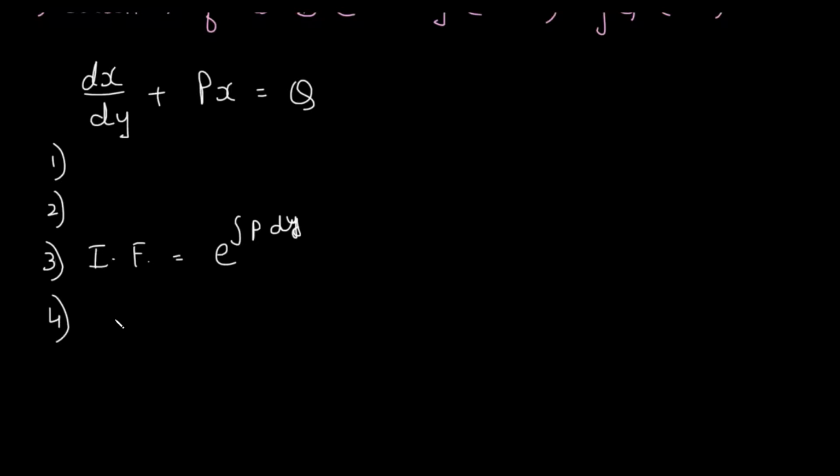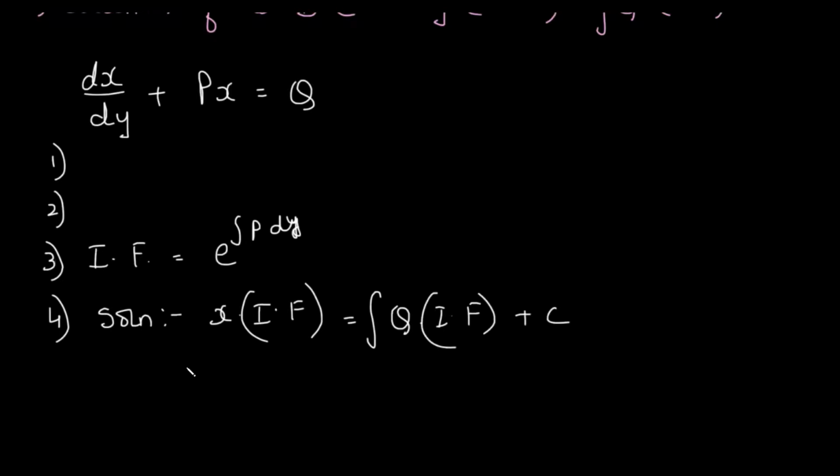And in the fourth step, the solution step is the same. In this case, it becomes x into IF is equal to integral q into IF dy plus c. So we write x into e raised to integral p dy is equal to integral q into e raised to integral p dy plus c.